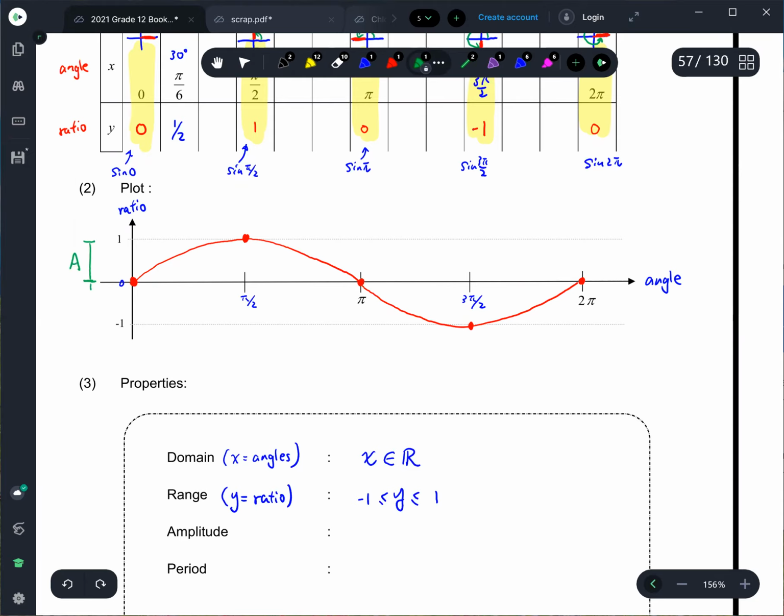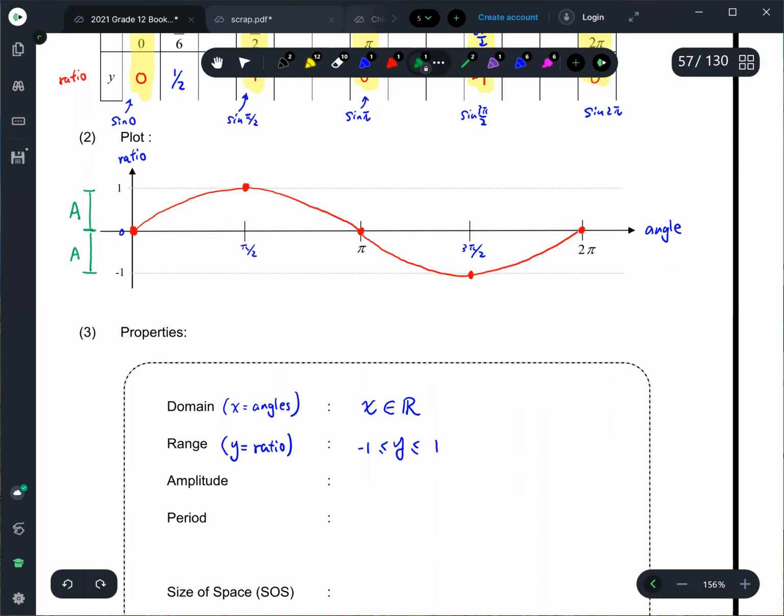Or from the lowest to the middle, to the x-axis, that's the amplitude, okay? So it's talking about the height of the wave.